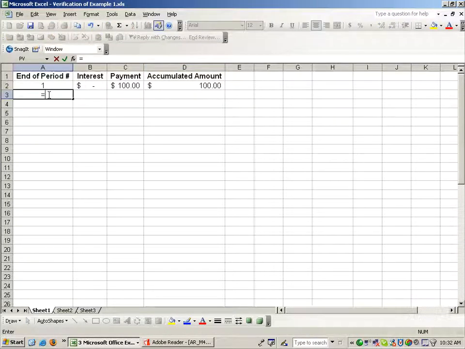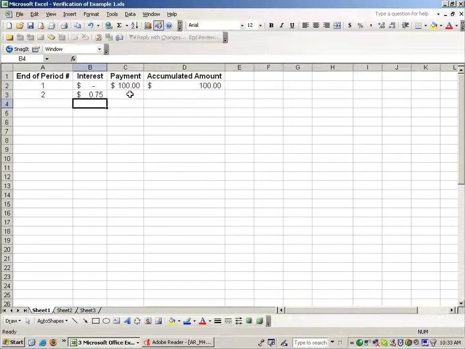Now, at the end of period 2, I'm going to set up a formula here so I don't have to count these out. I'm going to say cell A2 plus 1. At the end of period 2, we have earned interest on $100. So $100 times 9% compounded monthly.